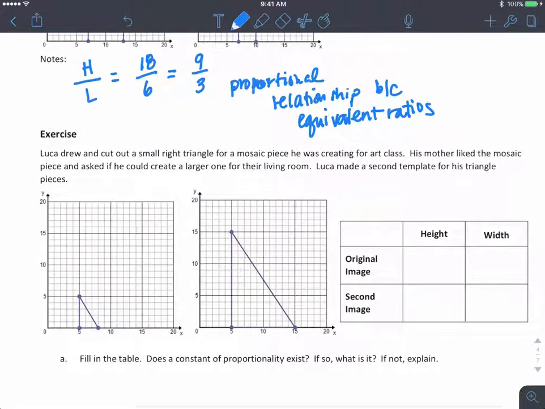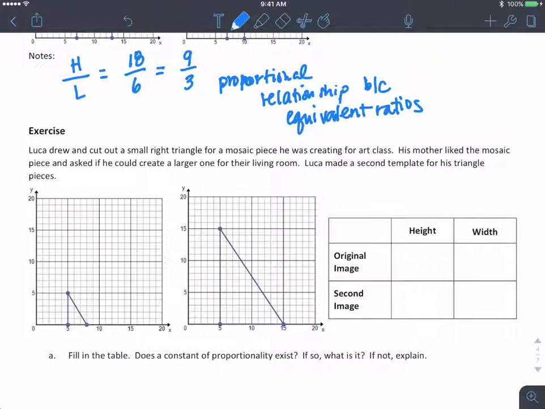Alright, so we have our next person. His name is Luca. Luca drew and cut out a small right triangle for a mosaic piece he was creating for art class. So let's look at the height of the original image. So let's say that A is original and B is the second image. And we would want to say that B is an enlargement. Let's see what happens. So the height of our original image is 1, 2, 3, 4, 5.